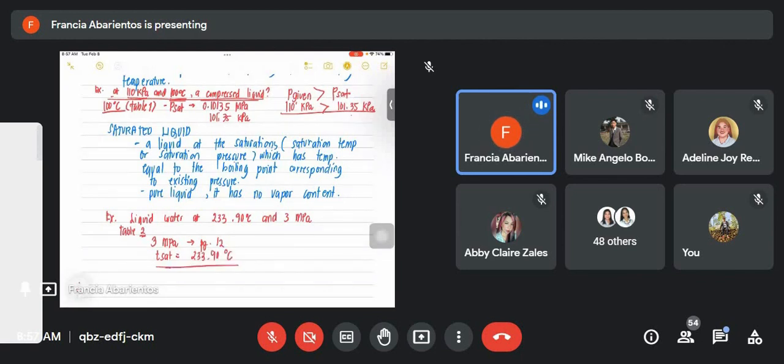So, nag-fall siya under the category of saturated liquid. So, pure liquid siya. Okay? Mas maiintindihan niyo ito mamaya pag diniscuss ko na sa inyo yung PV and the TS diagram.